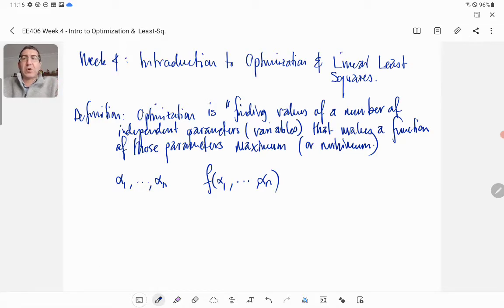So usually, alpha is a set of variables that is in R^n, and f is basically a function from R^n to R. So it's a scalar function, a function of multiple variables, but its value is a scalar. So it maps a number of variables to a real number in this case.